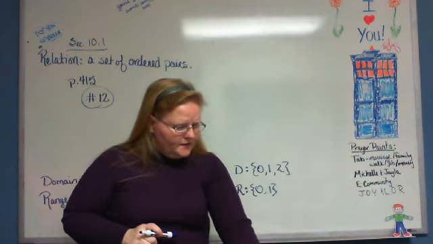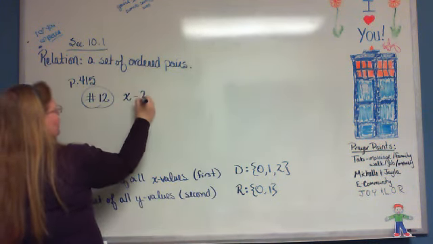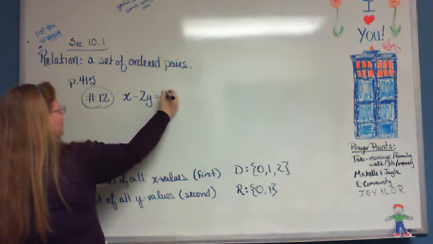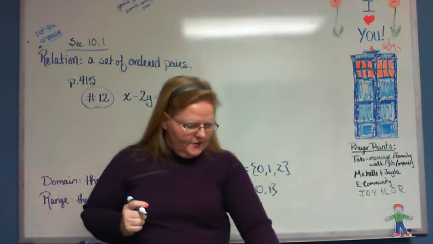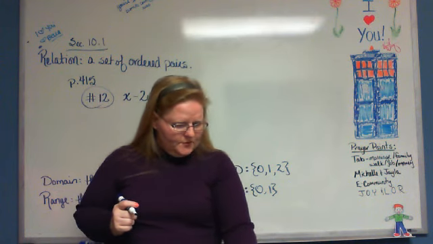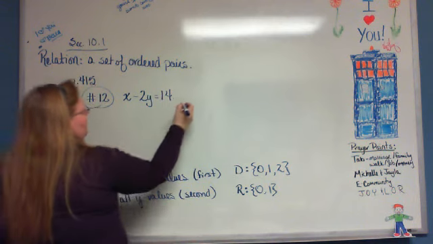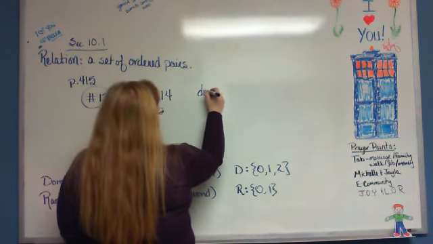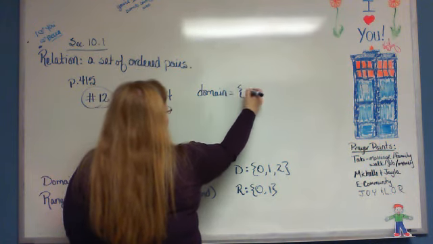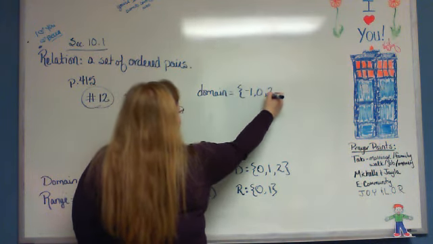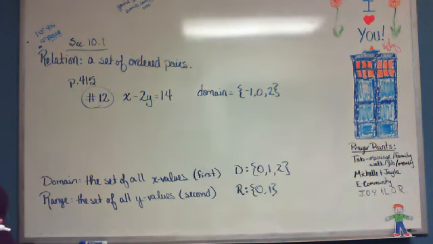It says x minus 2y equals 14. And the directions say, given that the domain is negative 1, 0, and 2, so they tell you the domain. They want to know what the range is going to be.